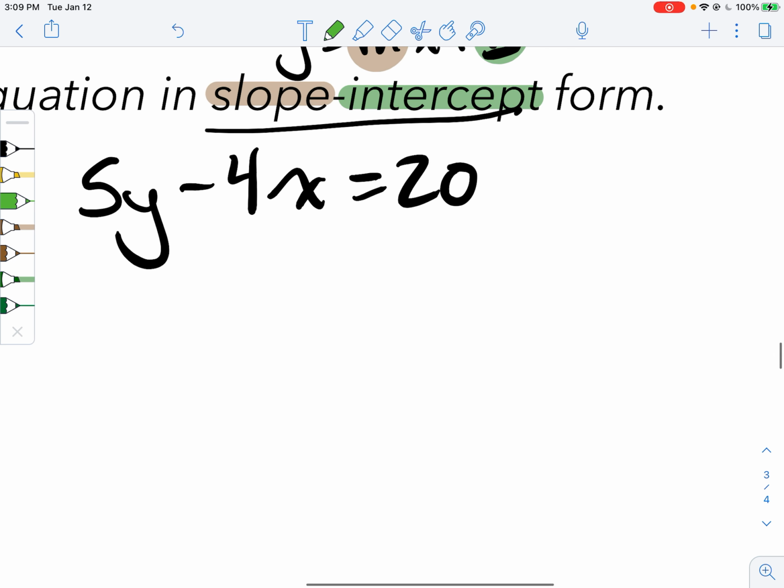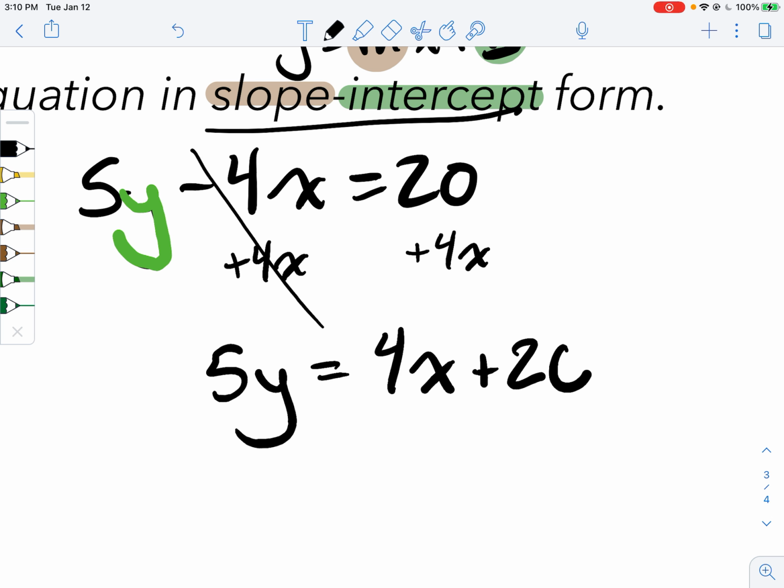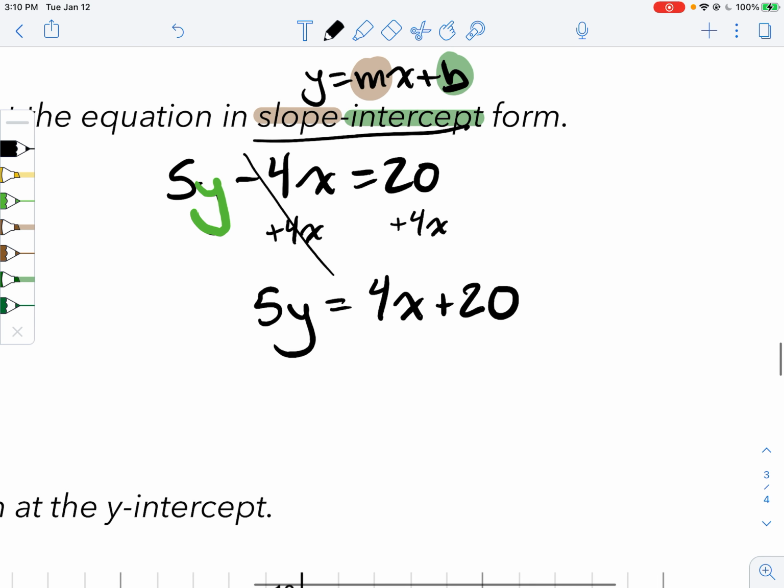To get y all by itself, we need to first add 4x to both sides, giving us 5y, these cancel out, equals 4x plus 20. And then finally, to get y all by itself, we are going to divide both sides by 5.